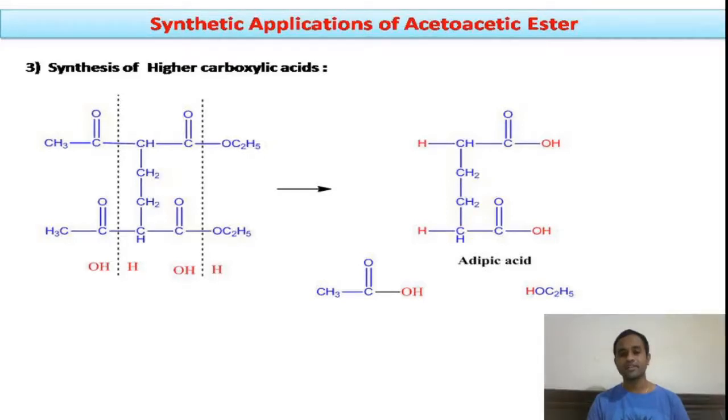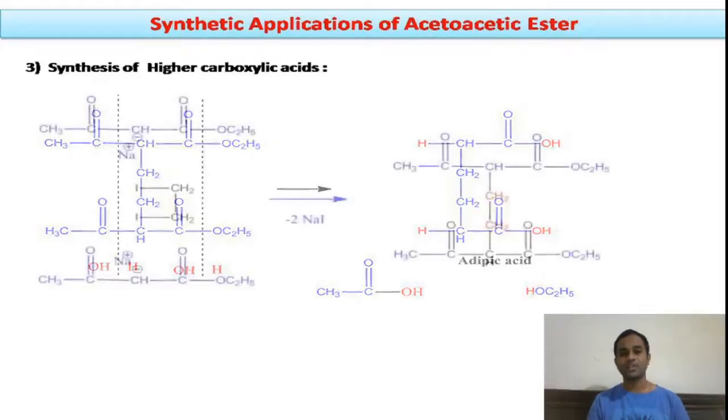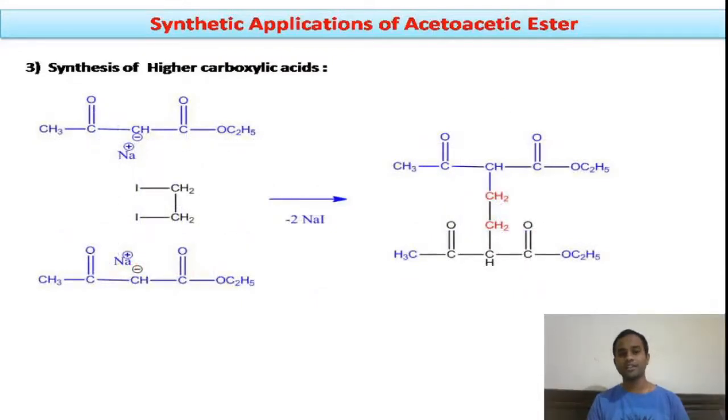Yes or no? Yes. In order to get the higher dicarboxylic acids, we are taking 2 moles of carbanion, which on reacting with the dihalide of dimethylene group, will undergo dialkylation on 2 carbanions, right, to give this product.